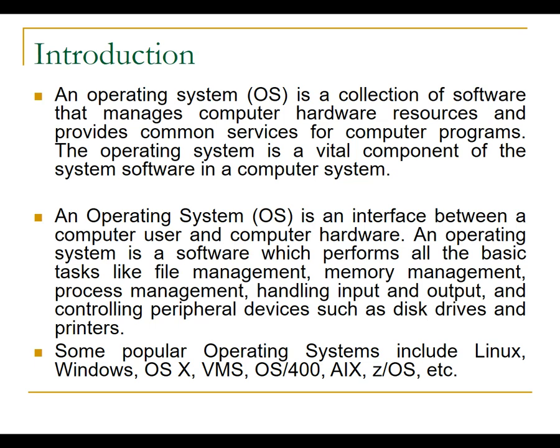Like the bundle of MS Office is an application software, and in future you will learn about various other types of application software. That means once the operating system is installed, an external software which you can install above the layer of operating system, all these are called application software.